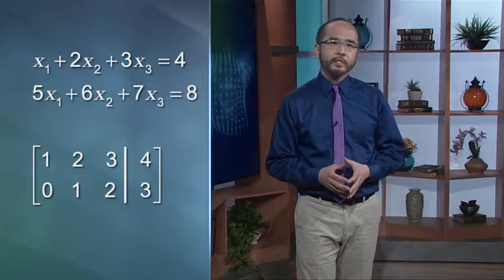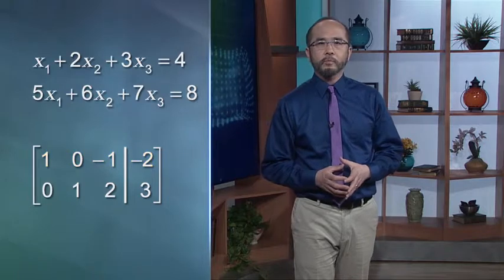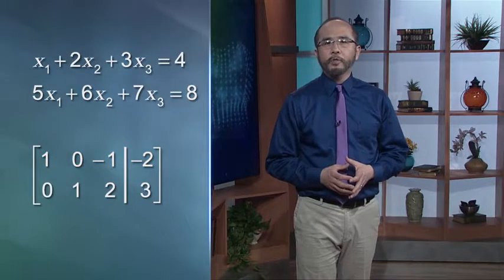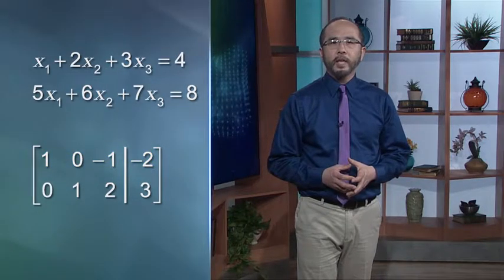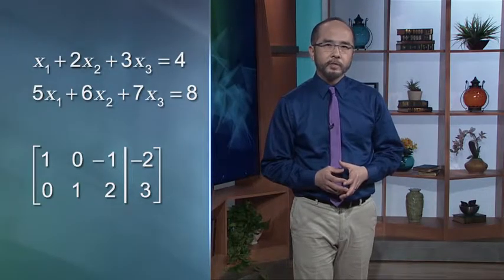We can do this by subtracting twice the second row from the first row. This is now in reduced row echelon form because all leading entries are 1 and all other entries in columns with leading entries are 0. Note that we had many choices we could have made to row reduce this augmented matrix, but there is an important theorem that says no matter what choices of row operations we made, we must always get the same result for the reduced row echelon form.